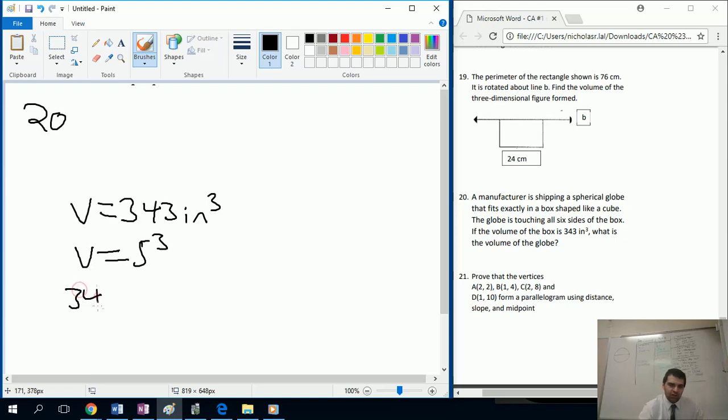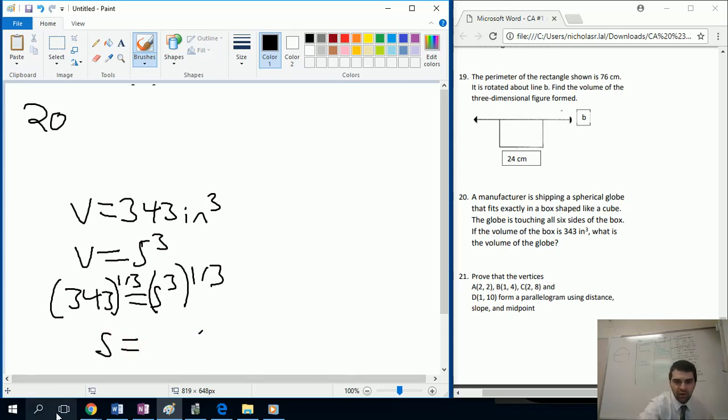So 343 is equal to the side length cubed. To find the side length, you raise each side to the 1/3 power, and the 3 and the 1/3 are going to cancel out to just be s to the first power, or just s. So s is equal to 343 to the 1/3 power. Let's find it out right now.